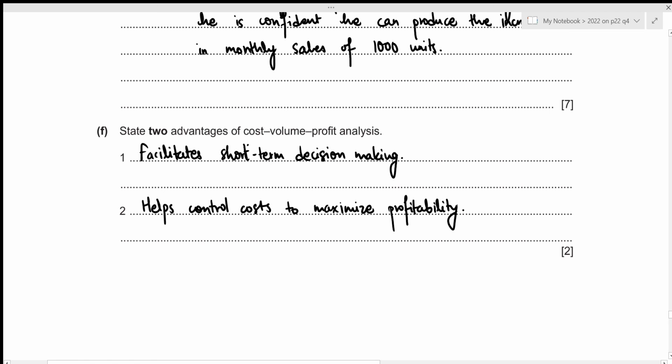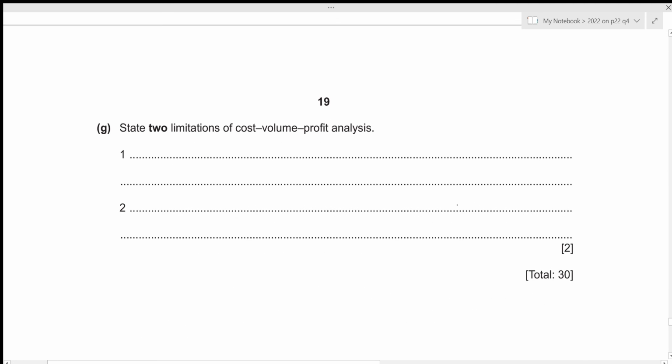This concludes the sixth part. We can now move towards the seventh one. We now need to state two limitations of cost volume profit analysis. So the very first one is that it assumes the selling price per unit remains constant. Let's write it down. Assumes the selling price per unit remains constant.